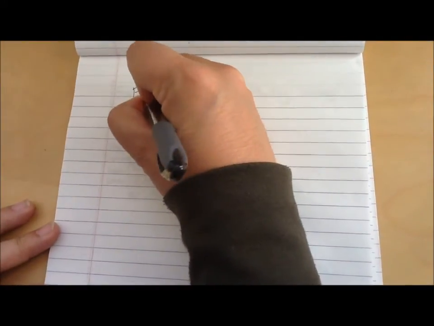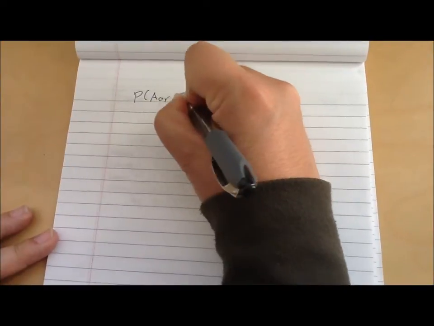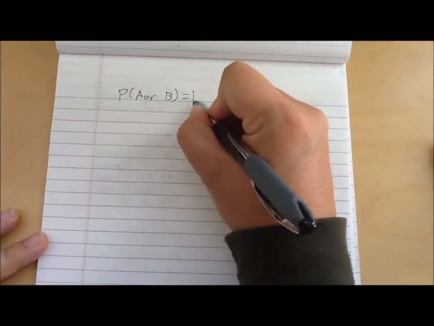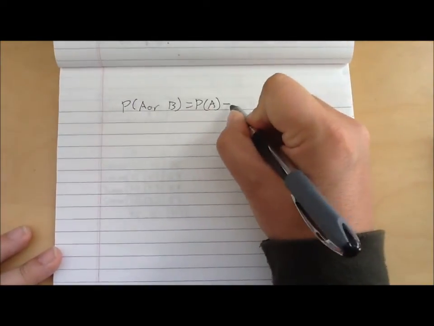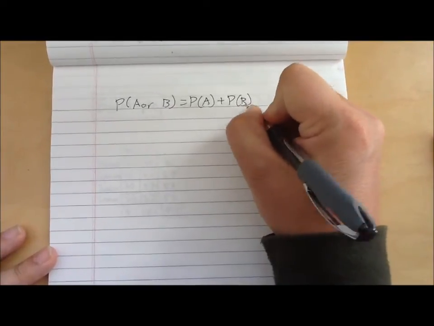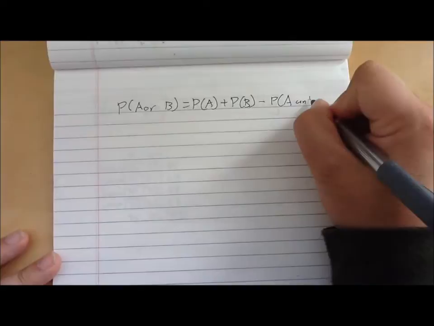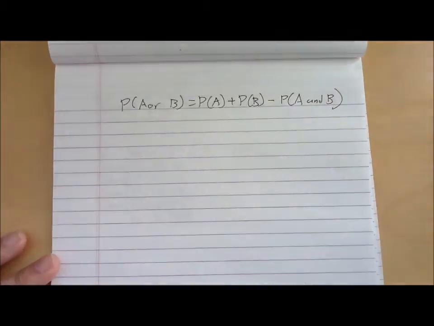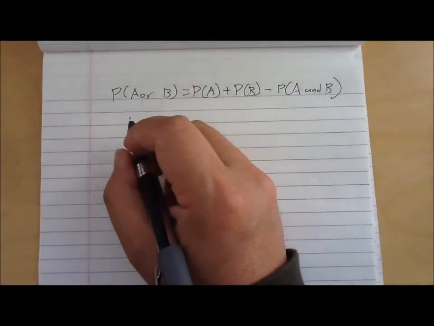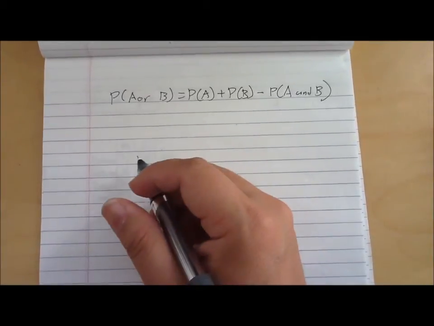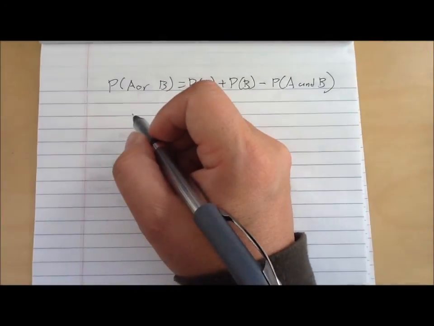So for the addition rule, there are really only two equations that you have to work with. One is literally P of A or B is equal to P of A plus P of B minus P of A and B. But another equation you have to think about is the complementarity rule.